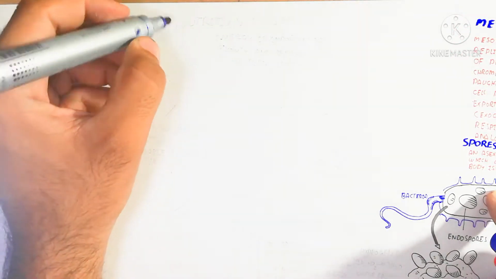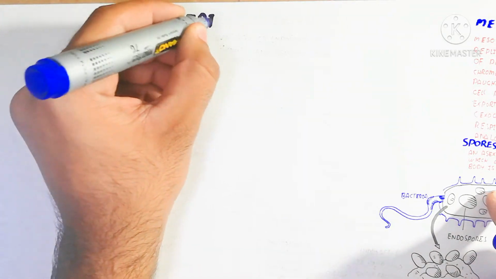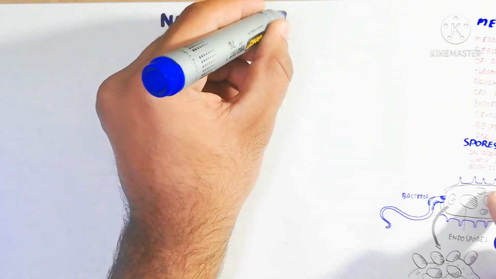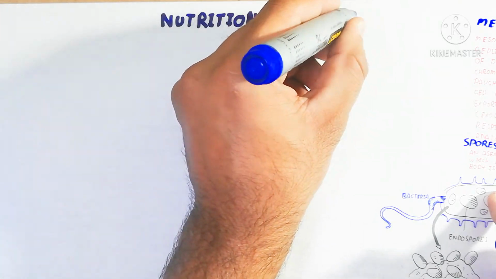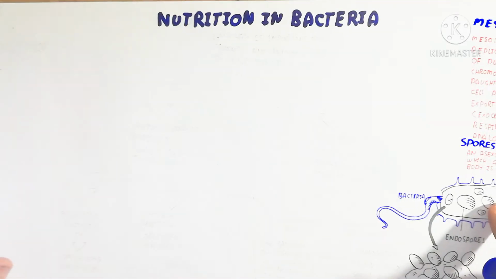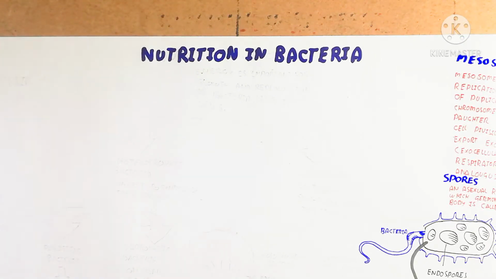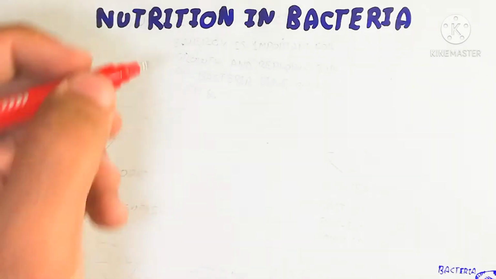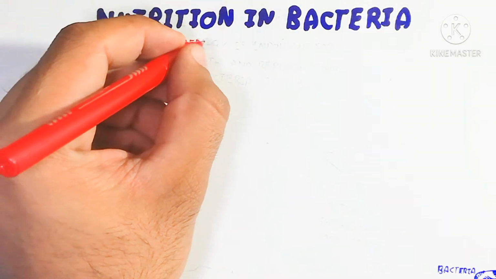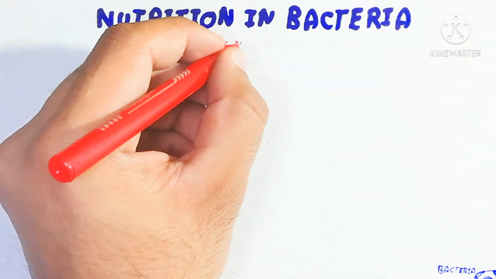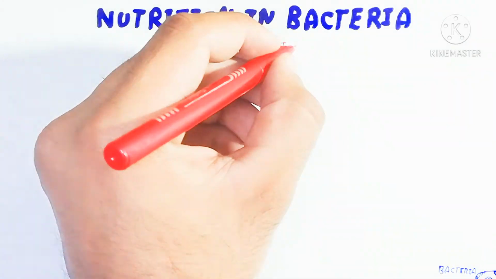Nutrition in bacteria is of different types, and first I want to give an introduction. Nutrition means food consumption to produce ATP, used for reproduction and survival. Food and energy are important for bacterial growth.